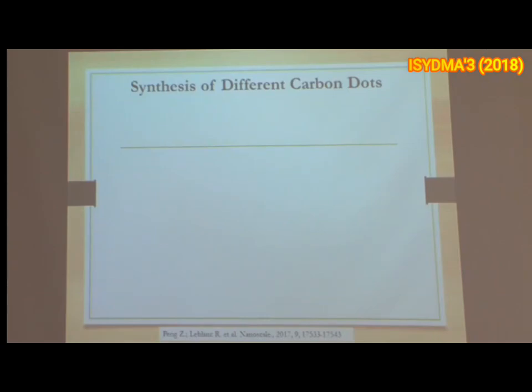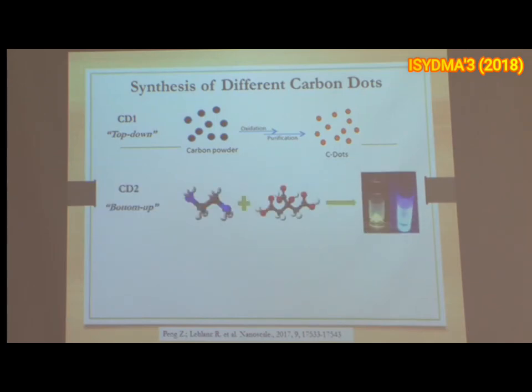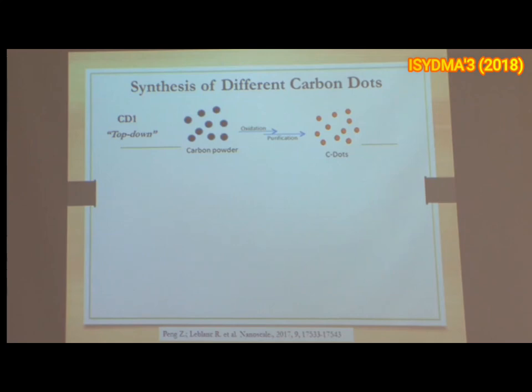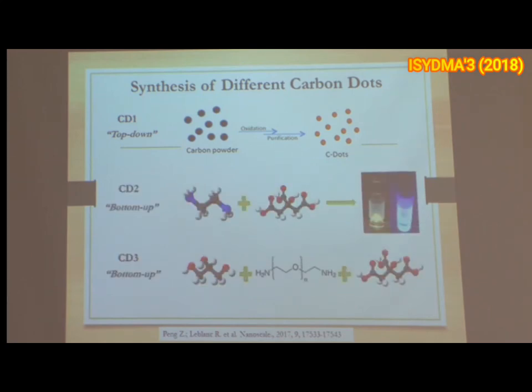Another way to look at it is in the synthesis of different carbon dots. The first one I just mentioned is the one from carbon powder. The second one is what we call the bottom-up, using citric acid and ethylenediamine. And finally, the third one is related to citric acid, again, with polyethylene glycol diamine, and we have diphenyl benzene here.